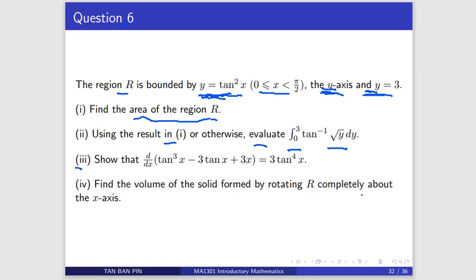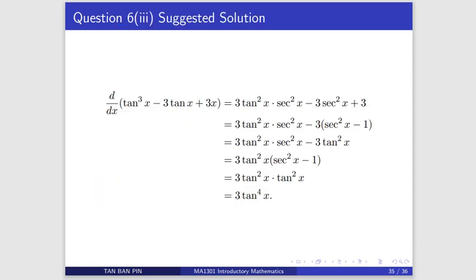In part 3, you are asked to show that d/dx of tan cube x minus 3 tan x plus 3x will give you the answer 3 tan to the power 4 x after simplification. So we just differentiate tan cube x. Differentiating tan cube x will give you 3 tan squared x sec squared x.